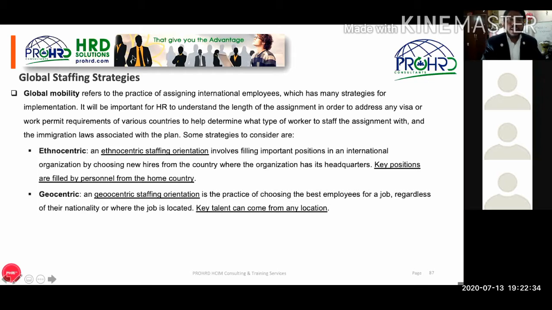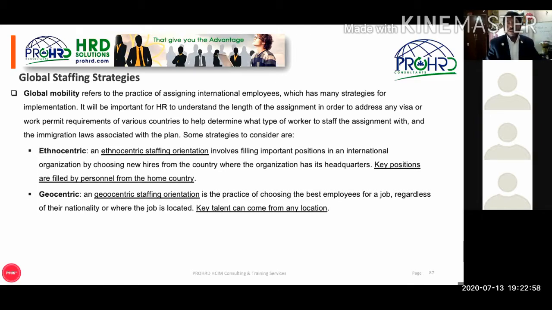Then a geocentric staffing orientation is the practice of choosing the best employees for a job, regardless of their nationality or where the job is located. Key talent can come from any location, irrespective of the region. The staff can come from any region.